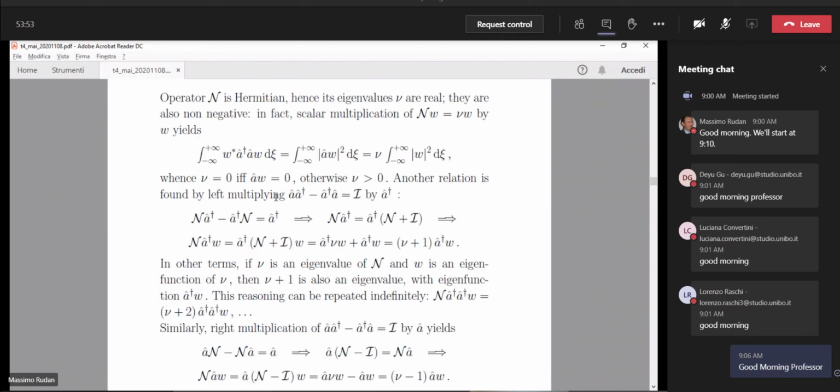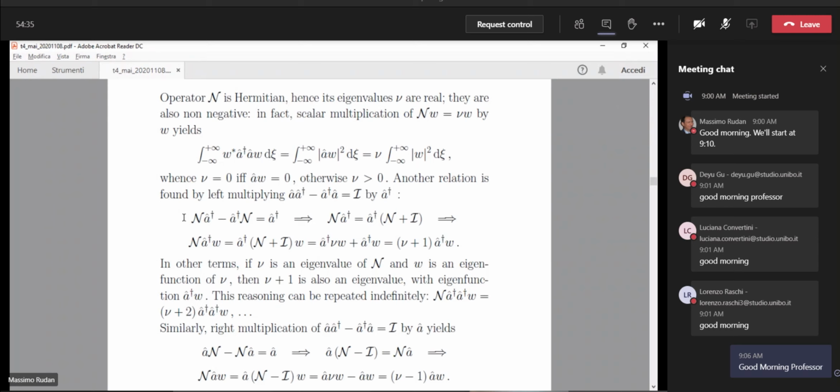When we do so, in the first term, we have A dagger followed by A, that is N. This is followed by A dagger, whereas on the left, we have A dagger followed by A dagger A, that is N. So we have, of course, the right-hand side is the identity times A, that is, A dagger, that is equal to A dagger. So we have a relation of the form N followed by A dagger minus A dagger followed by N equal to A dagger, okay?